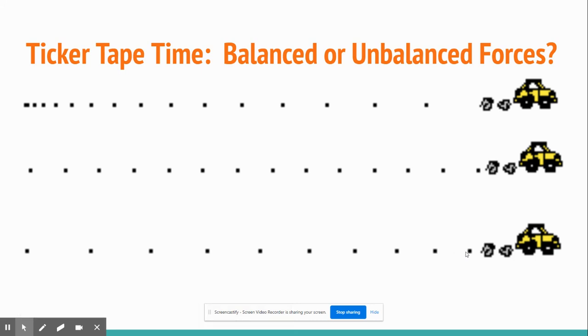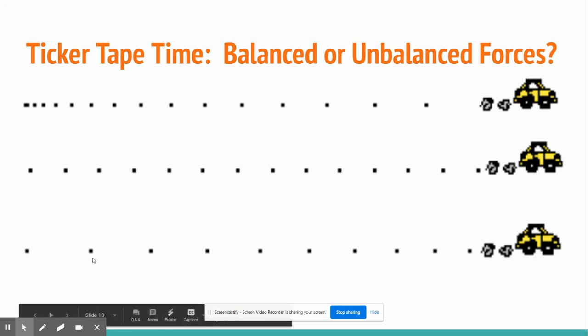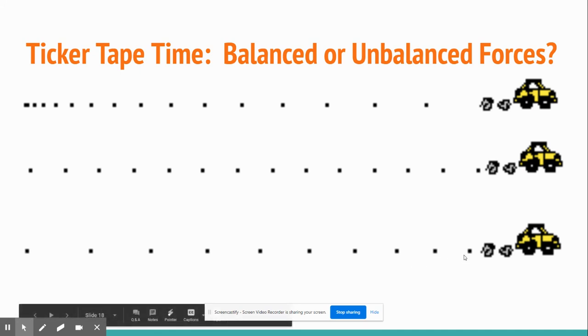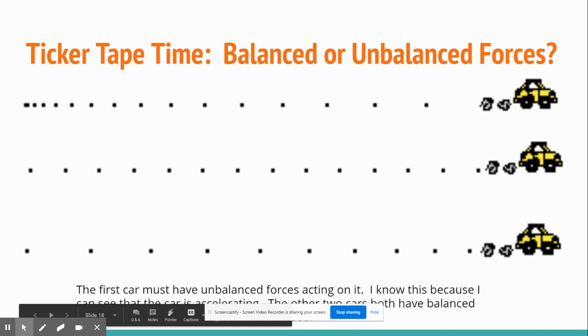I think from here to here is not as far apart as from here to here. So I'm going to assume this one is slowing down. If it is slowing down, then it has to have unbalanced forces on it to cause a change in motion. Oh, the first car must have unbalanced forces acting on it. I know this because I can see the cars accelerating. The other two cars both have balanced forces because they're moving at a constant speed. Okay.